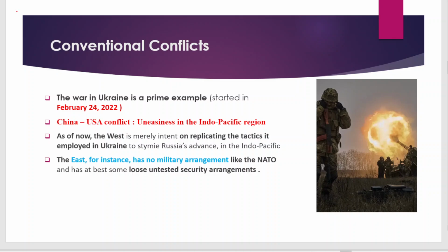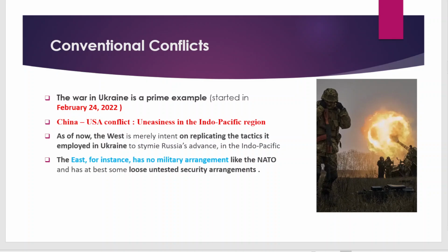But in this article, there is a saying that the USA is approaching a policy in the Indo-Pacific region to deal with China, like the same approach that they had taken with respect to the Russia-Ukraine war.